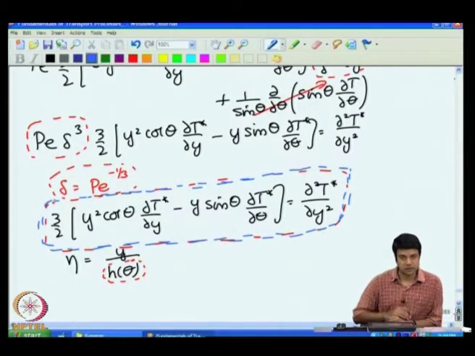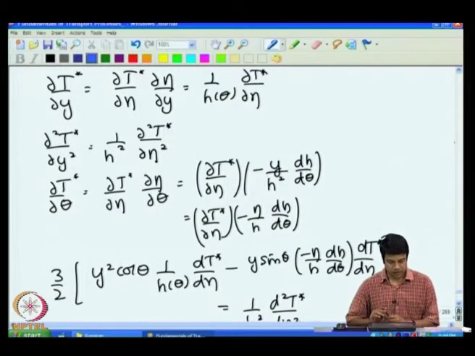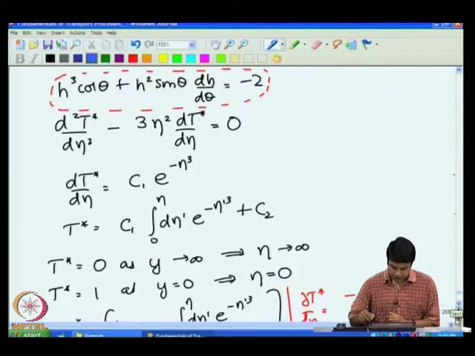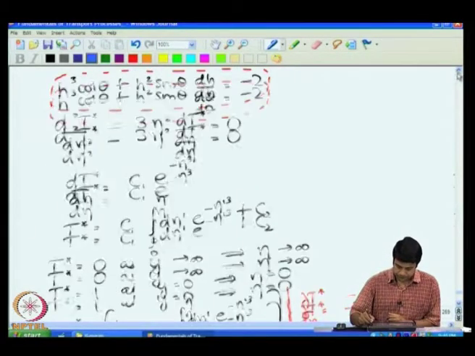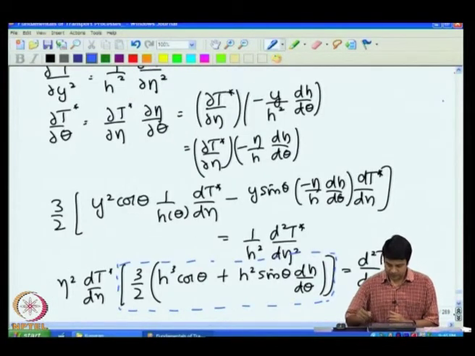And I showed you how to do that. You express the derivatives with respect to x and y in terms of h, and you will end up with an equation which looks like this at the bottom.